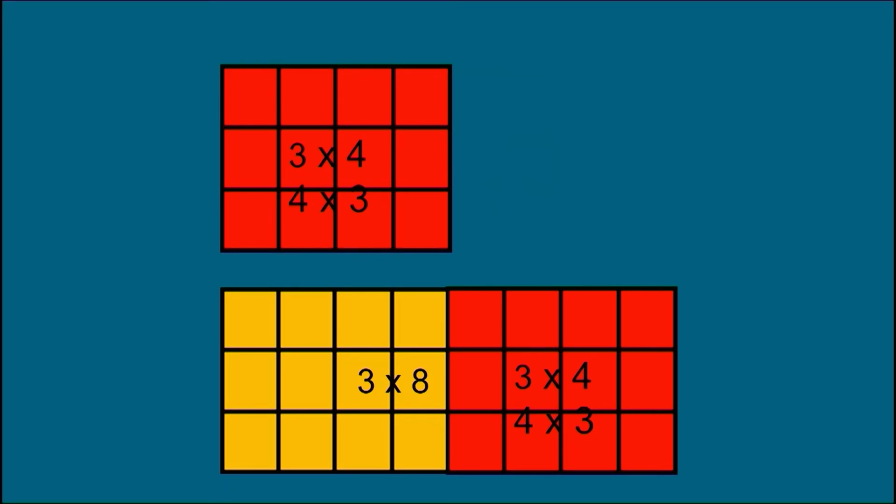Two of the 3 by 4 arrays is the same as one of the 3 by 8 arrays. You can use what you know about 3 times 4 to solve 3 times 8 by doubling the product of 12 to get to 24. Are you seeing how they are related?